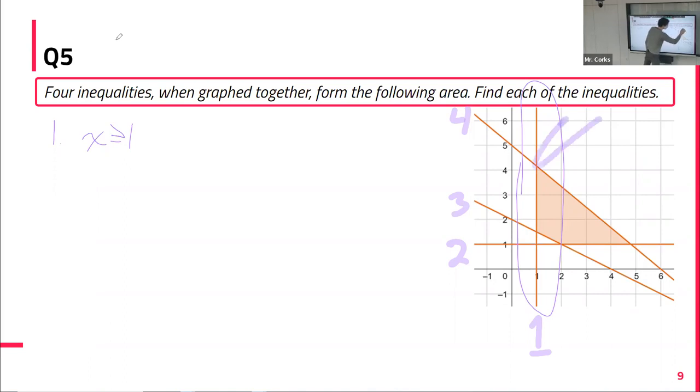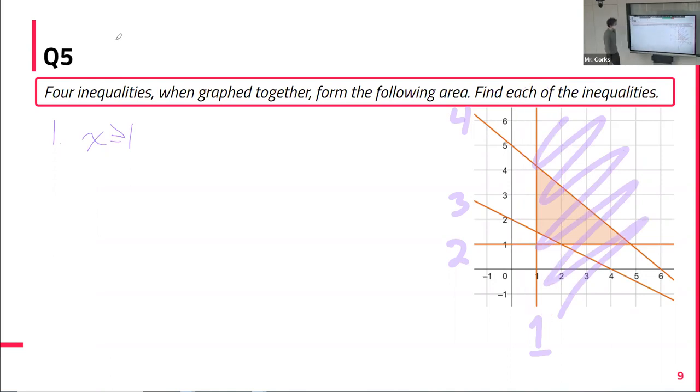So any x value can be larger than this. So shading on the right side. That's where our little shape there is. So on the right side, greater than or equal to 1. And then what was the final thing that we have to consider for inequalities? So the line, and then where you shade.